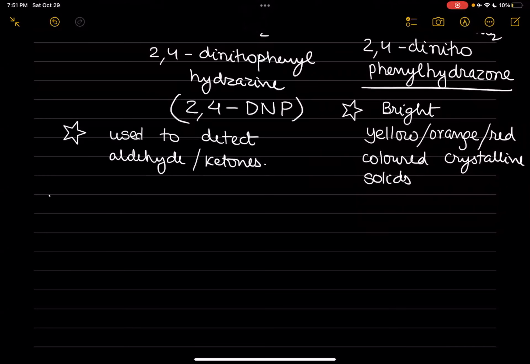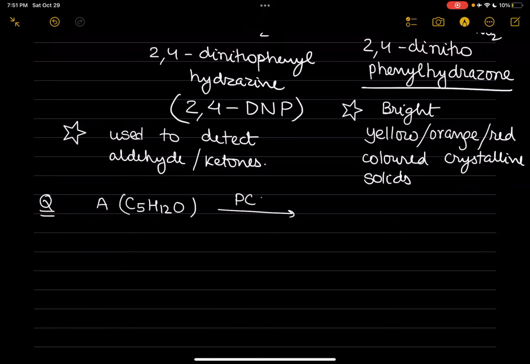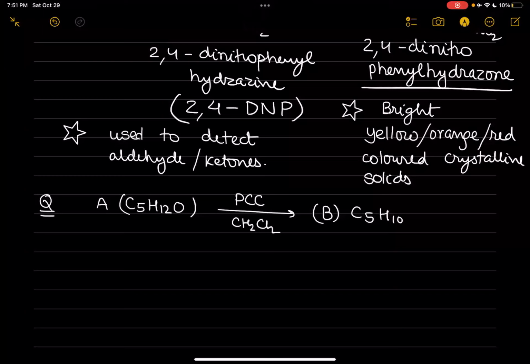So for example, if we say there is a compound A whose formula is C5H12O. Upon oxidation with PCC, it gives B, which is C5H10O. It is a symmetrical diketone.